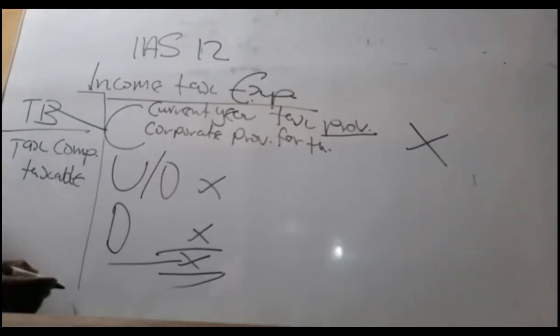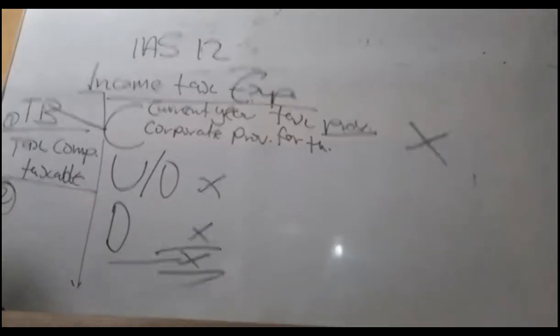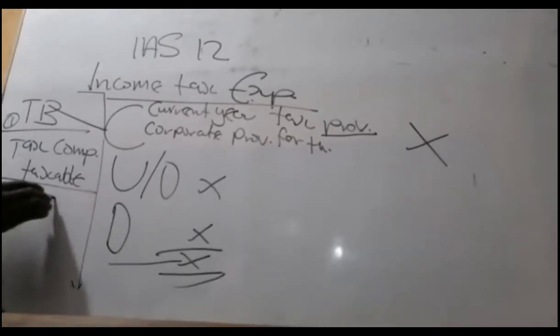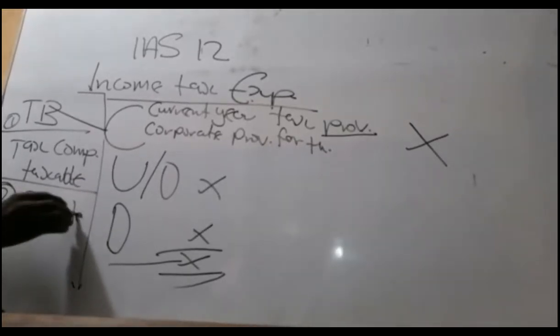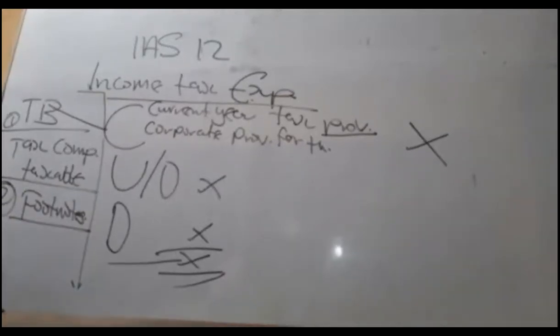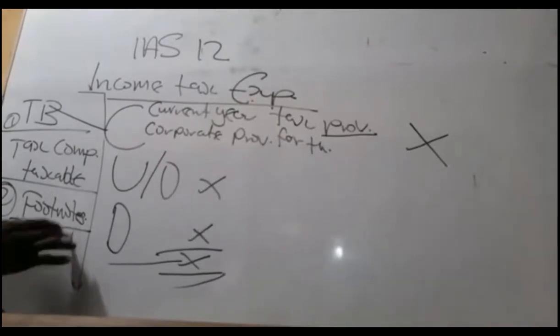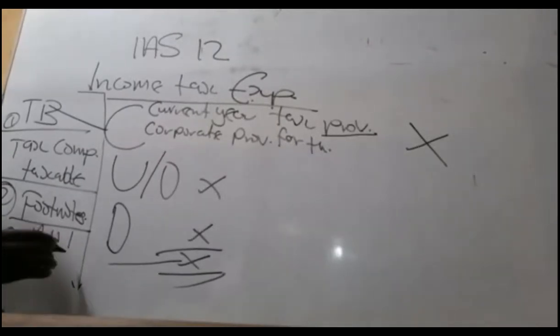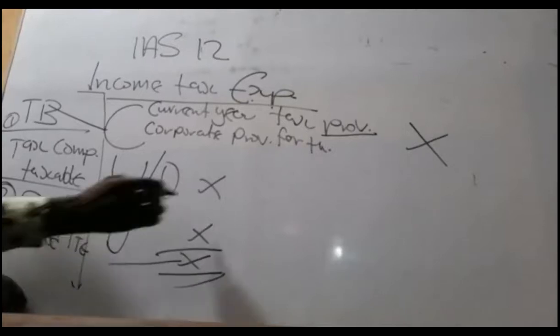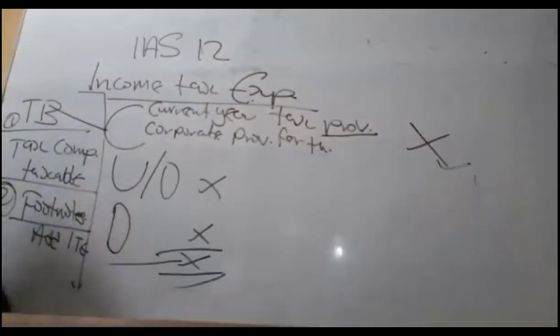Now, that's one scenario. Scenario two is the most common case. They'll give it to you in a footnote. If it is in a footnote, there are two treatments. First, add it to the income tax expense, meaning bring it here.